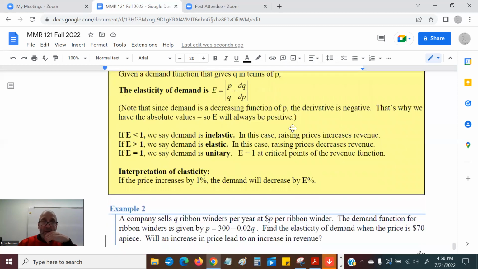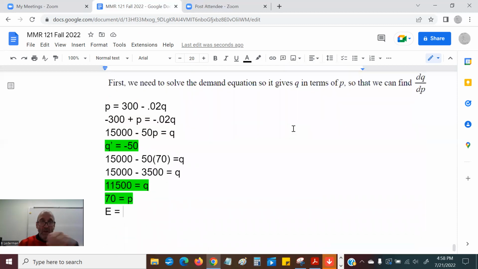So E is going to be 70 over 11,500, times dQ/dP, which is the same thing as Q prime, which is negative 50.